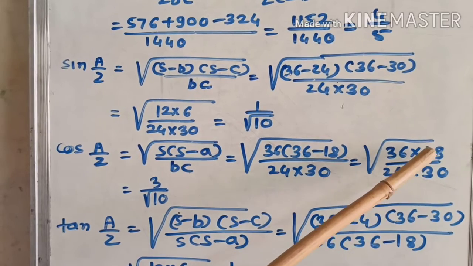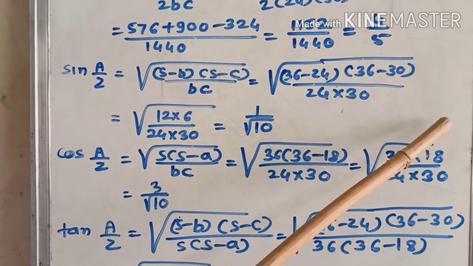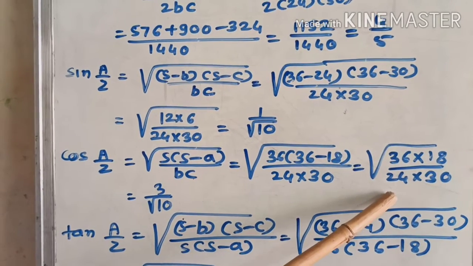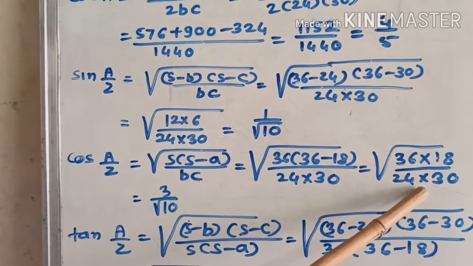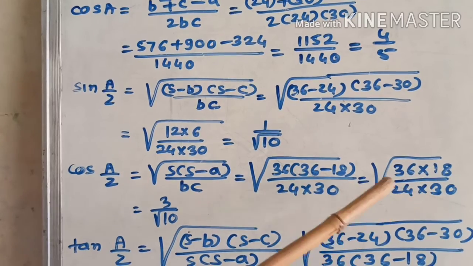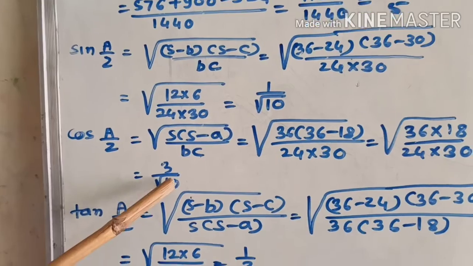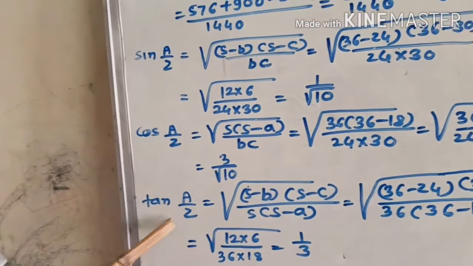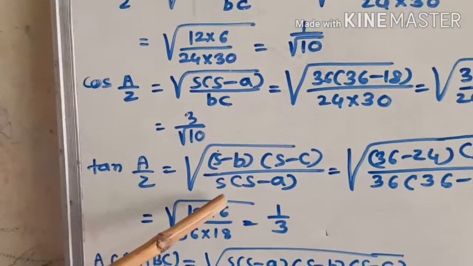Here divided by 6, 3s are 18, 6 4s are 24. Therefore 4 into 5 is 20, and here 6 into 3 is 18, 18 upon 20, therefore 3 upon root 10.